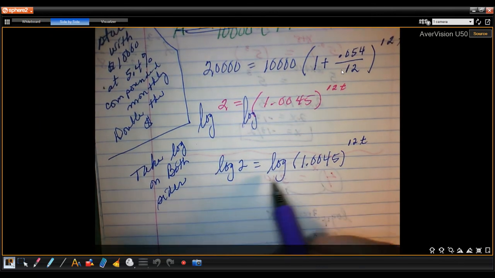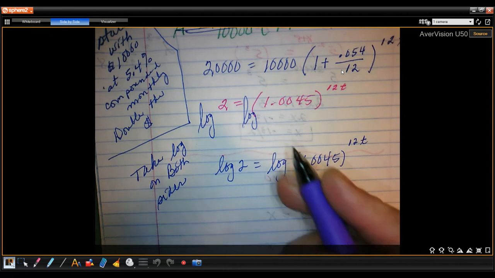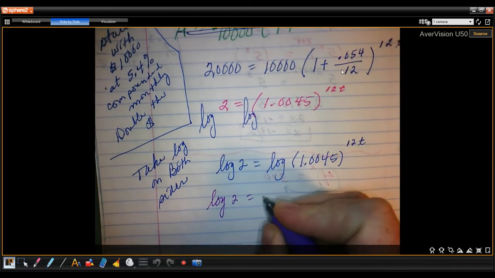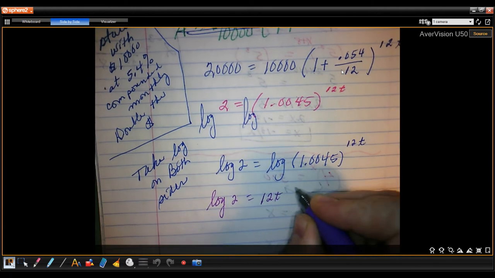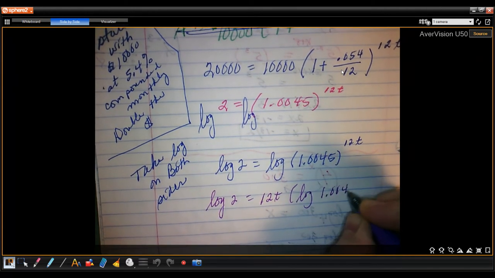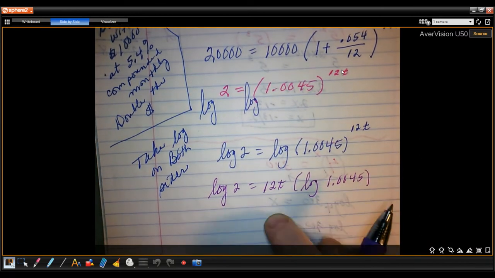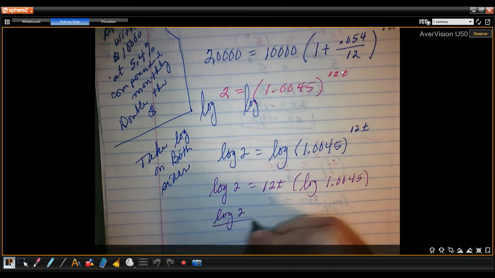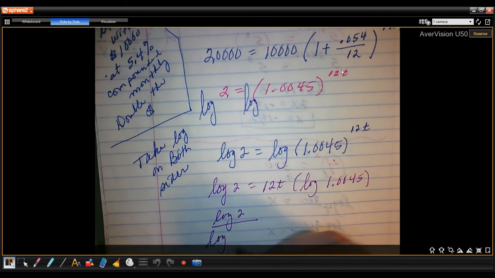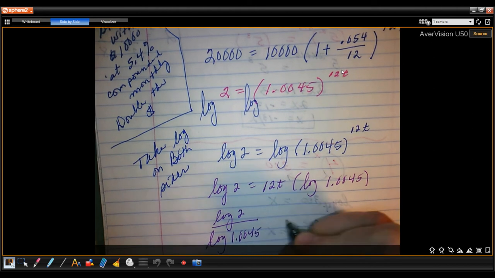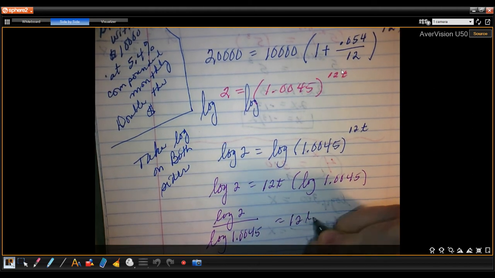Okay, now we're going to use the power rule. So it'd be log of 2 equals, move the 12T to the front because that's the power rule, 12T times log of 1.0045. Still trying to get T by itself, so divide. So log of 2 over log of 1.0045 equals 12T.